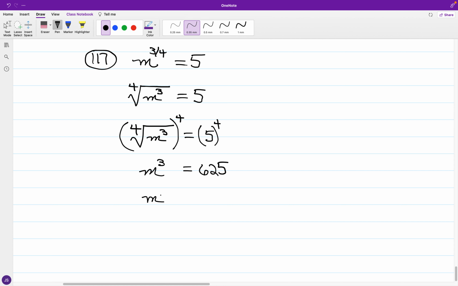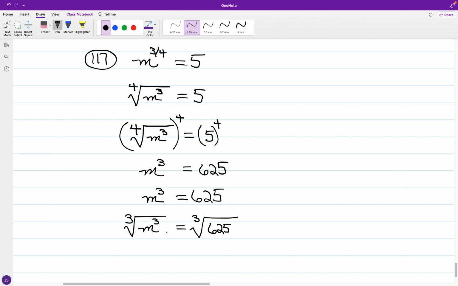So now I have m to the 3rd is equal to 625. And again, I'm looking at solving for m, and I can undo the presence of the cube of m, this time by applying the matching radical, in this case the cubic root.